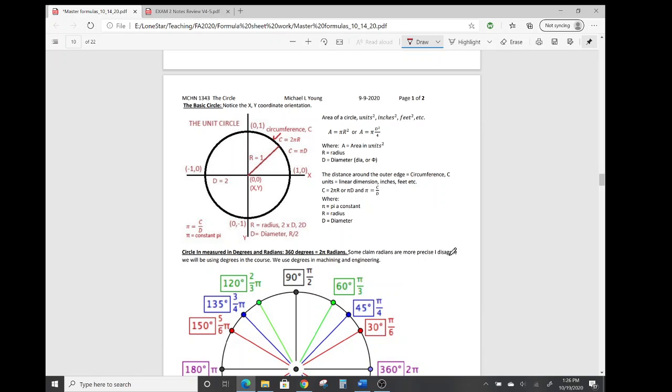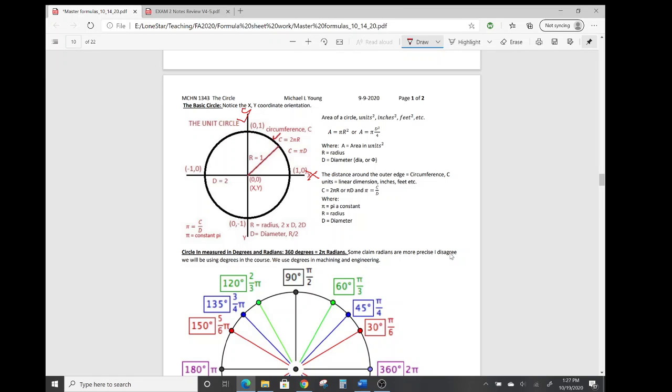Now we get to the circle. The basic circle. Notice our XY coordinate system. I put the Y down here because it was going to get confused up here. I guess I could have put the Y up there and the X right here. Now, Rene Descartes established that the horizontal axis was X and the vertical was Y. These things can be rotated around.